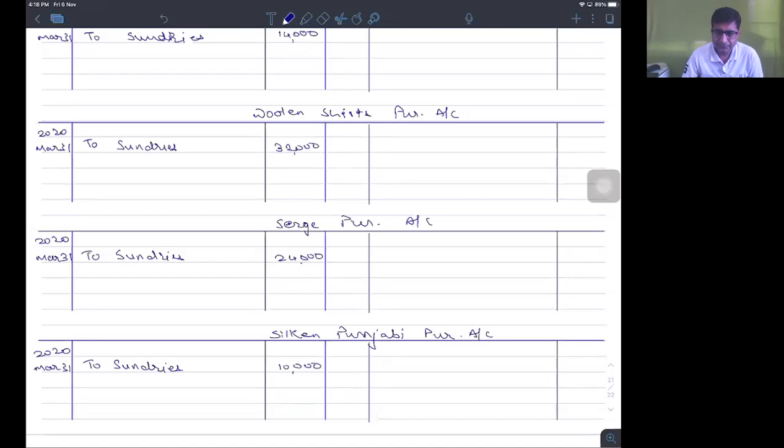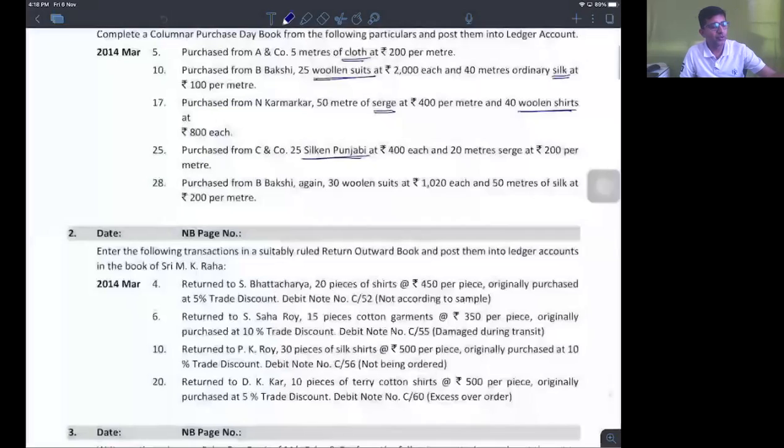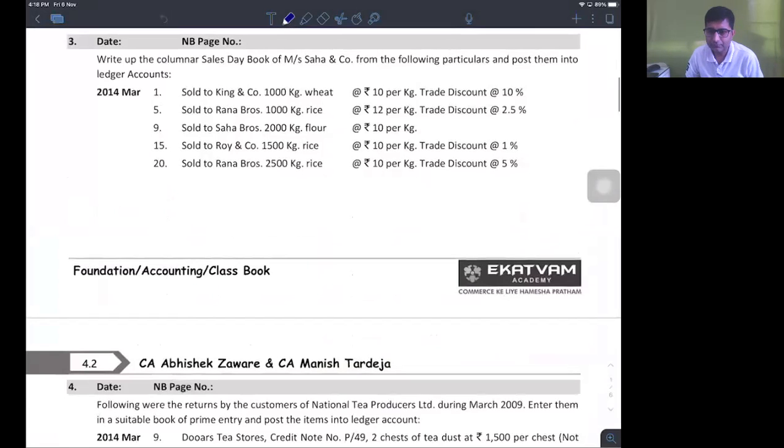Is it done? Yes. Now, like we prepared the purchase book, we even have to prepare a sales book. Let's come on to question number 3. Write up a columnar sales day book of Mr. Sa and Company from the following particulars and post them into the ledger accounts.